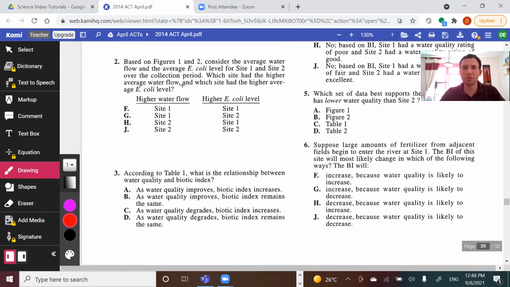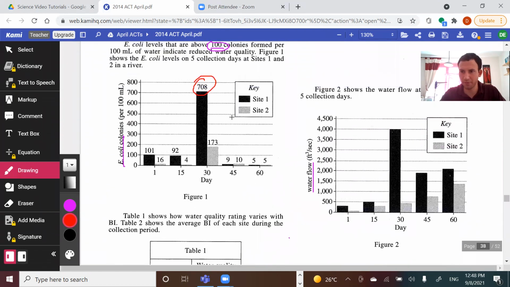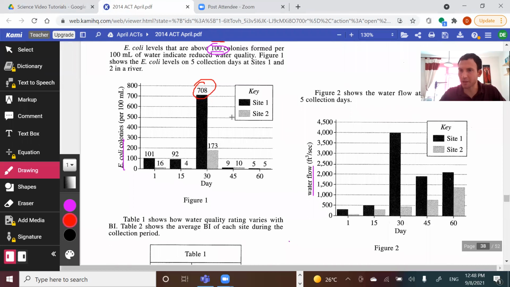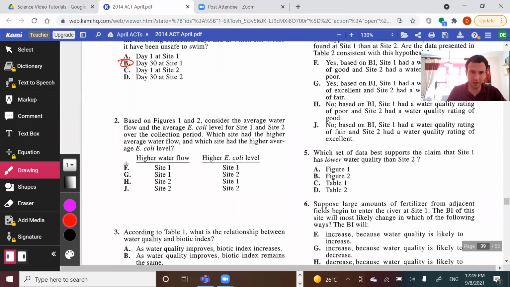So let's just go to figure 2 for water flow and see which one has the higher water flow of the two sites. So if we go to figure 2, site 1 throughout figure 2 always has the higher water flow, right? The black bar is always higher than the gray bar. So higher water flow is definitely going to be site 2, so we can get rid of these two.